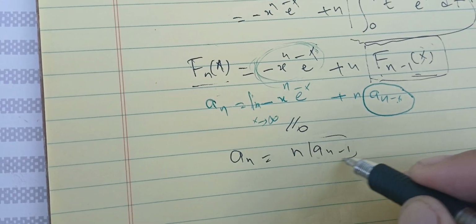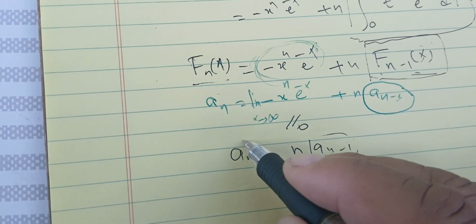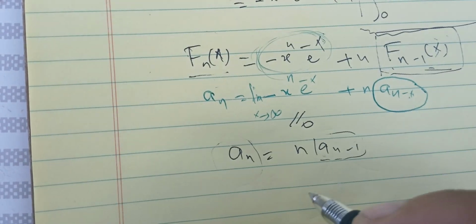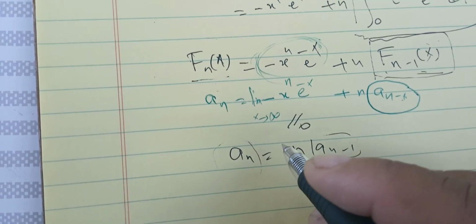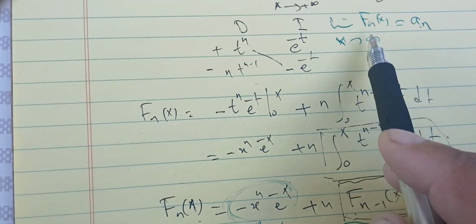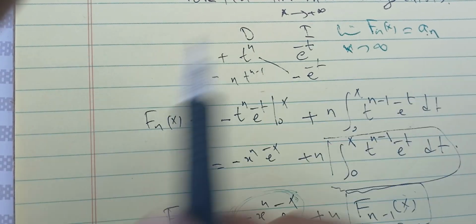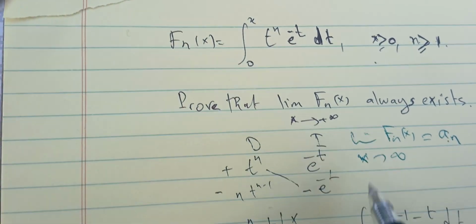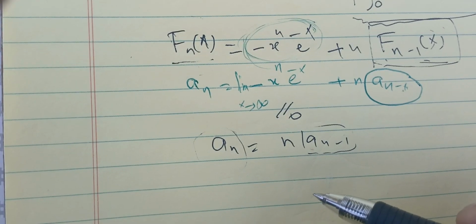Since this one exists and is finite, this one is finite as well. And therefore, by the principle of mathematical induction, the limit as x goes to infinity exists, and it depends on n.